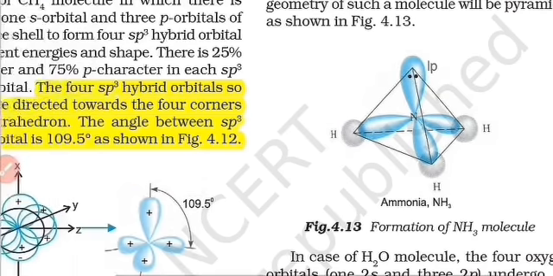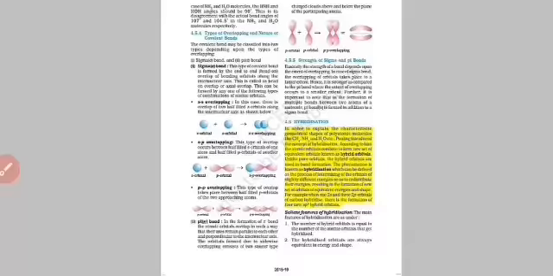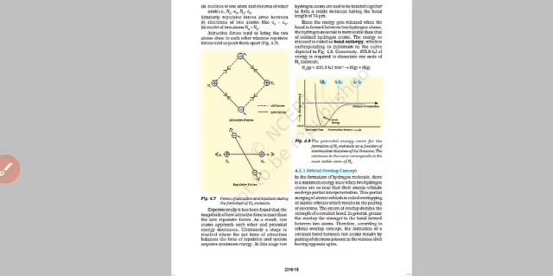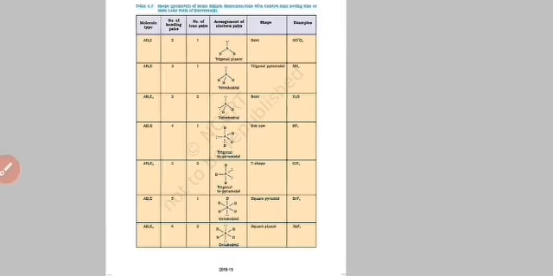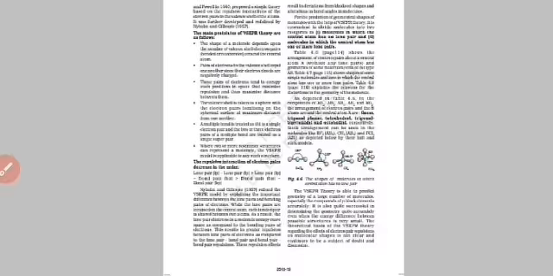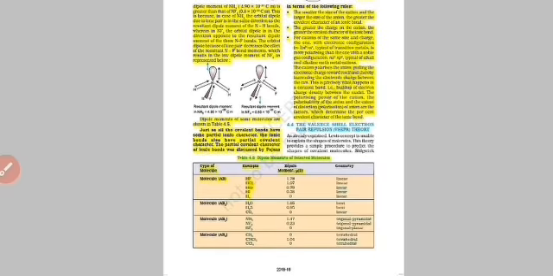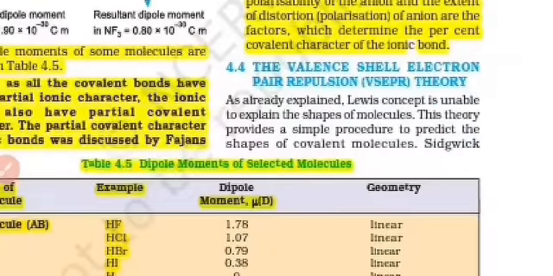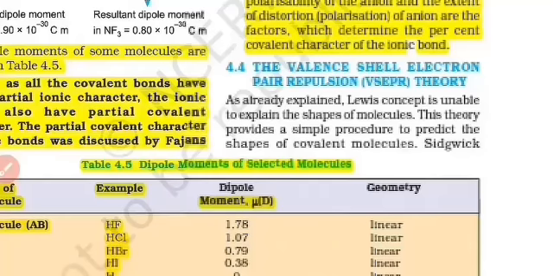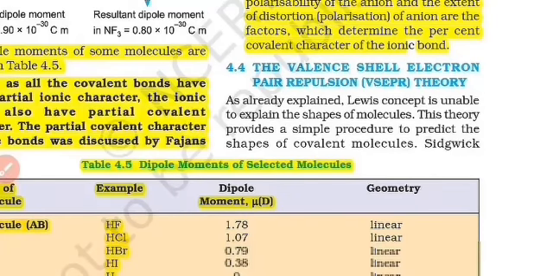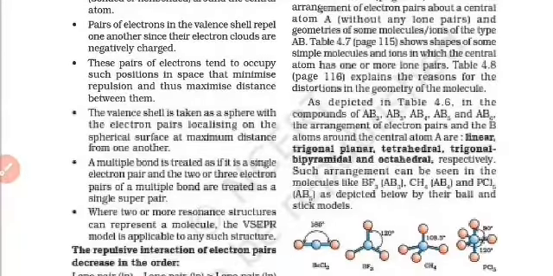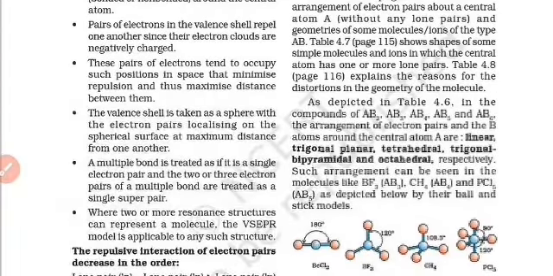So to explain this difference, one theory was given, and that theory is known as valence shell electron pair repulsion theory. This theory is also known as VSEPR theory, and it gave very important points to describe geometry of molecules.